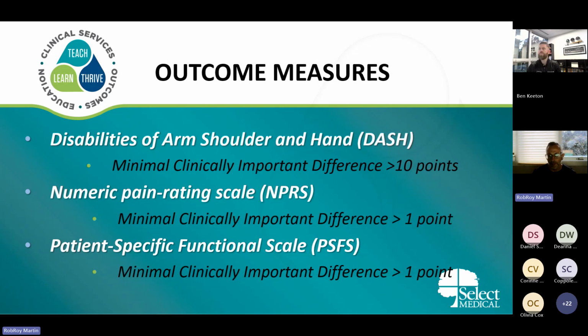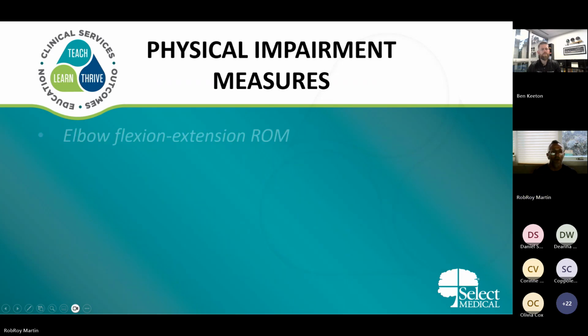Not only can we pick up functional change, but functional change that's important for our patients. So this is something I recommend clinicians use for all patients.